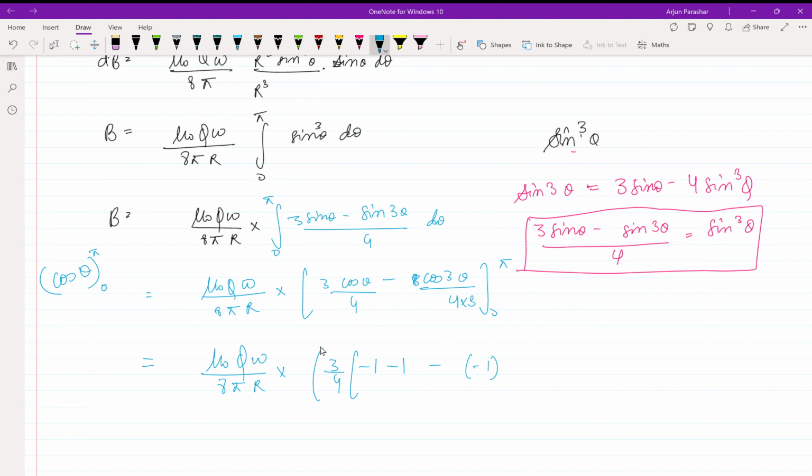And what is cos 0? It is 1. Minus of minus, minus 1. So, oh, and with 3 here. So we get 3 by 4 into minus 2 plus 2 by 3. I think that's correct.